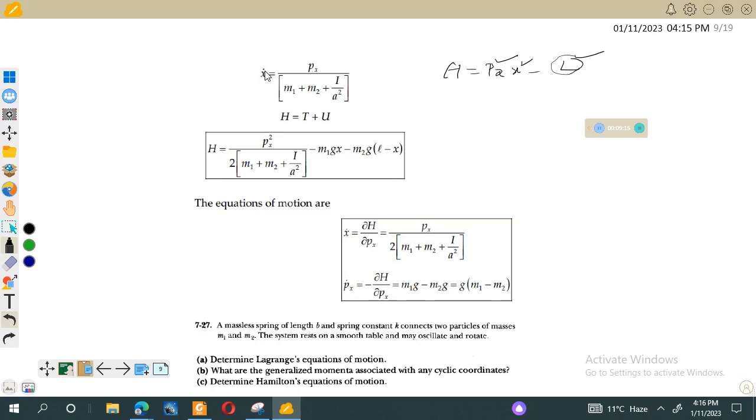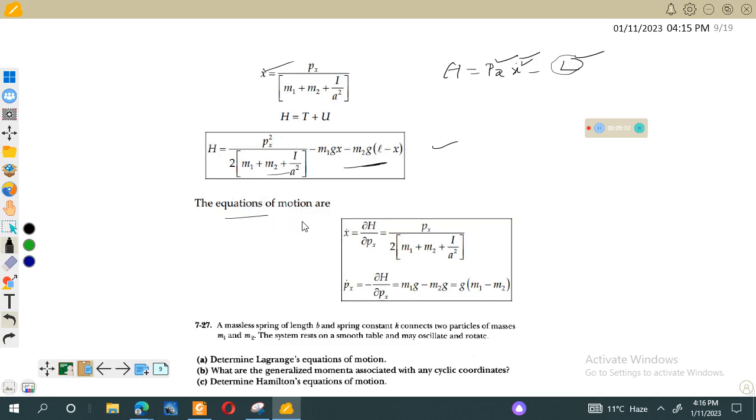When we plug this x dot into this equation, this will give us H equal to px square over 2 into m1 plus m2 plus I over a square, minus the Lagrangian. Okay, so we have obtained the Hamiltonian for this system.